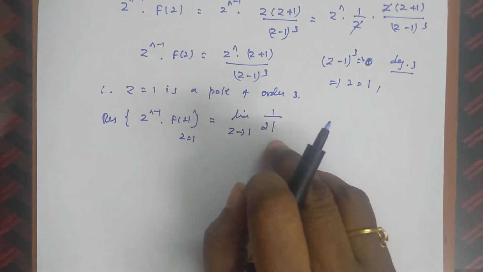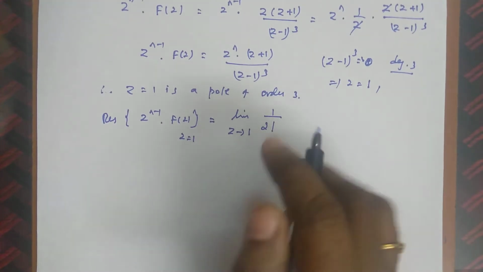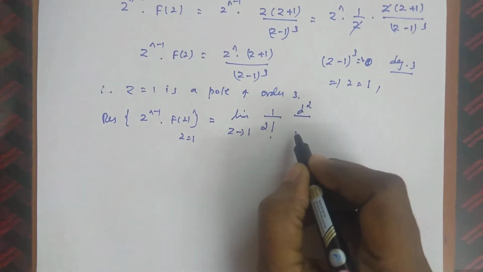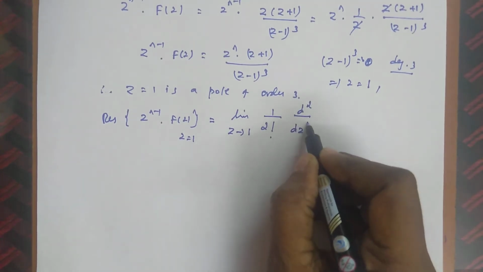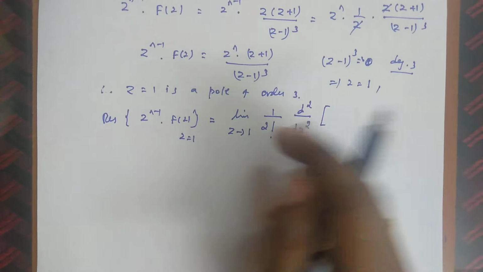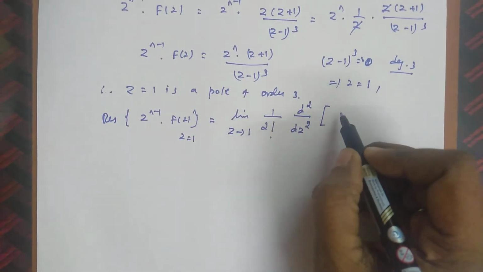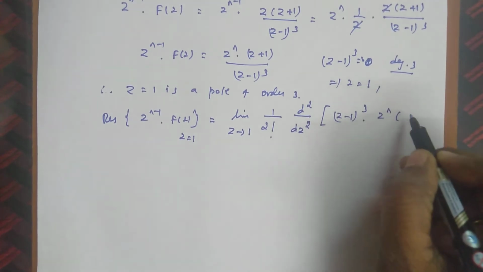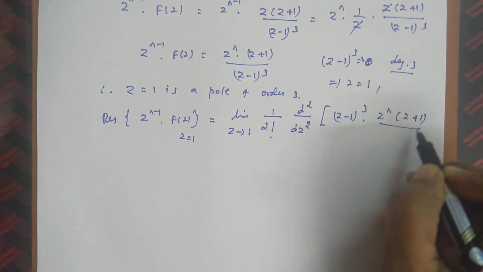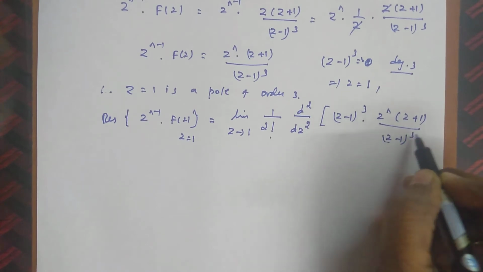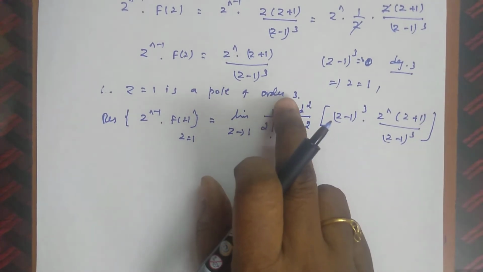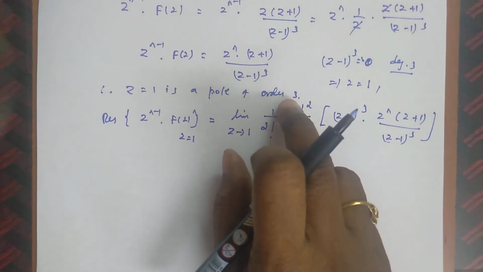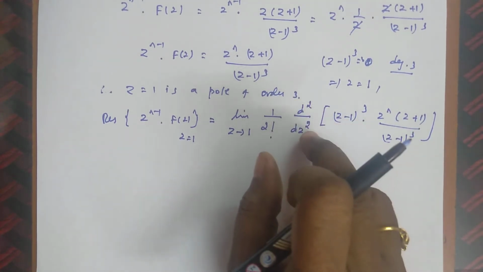So the formula is 1 by n minus 1 factorial, so 3 minus 1, 2 factorial, into d square divided by dz square of the function, that is Z minus 1 whole cube into Z power n into Z plus 1 divided by Z minus 1 the whole cube. Because here the order is 3, so d power n minus 1 by dz power n minus 1. So power 3 means we get 3 minus 1, 2, here also 2.